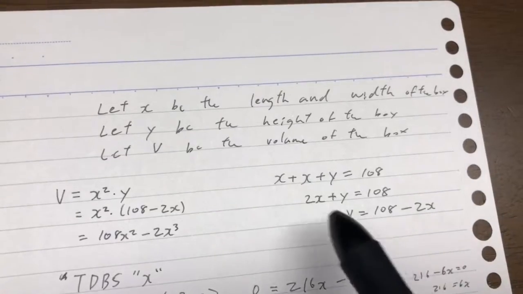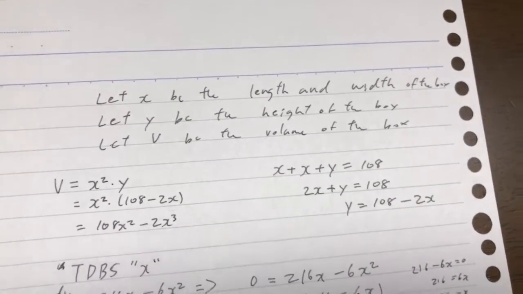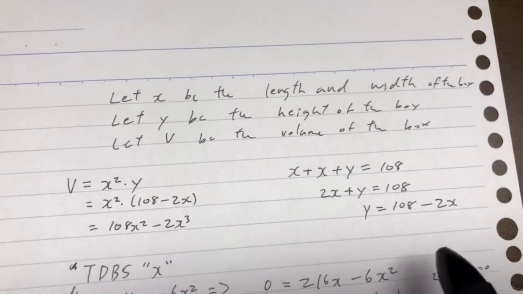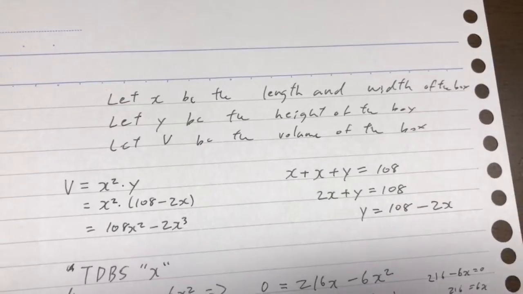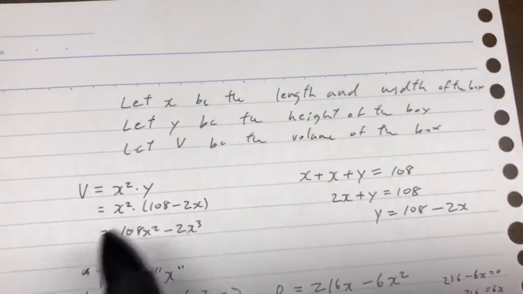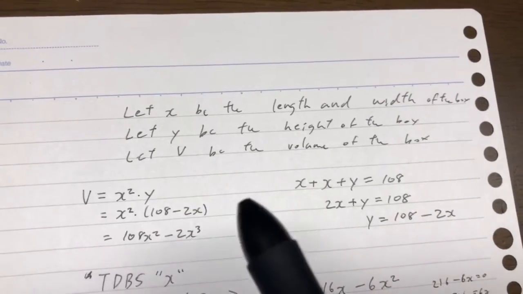And I went ahead and used the equal sign instead of the less than or equal sign, because it's fair to assume that if we want to maximize the volume, we want to use as much length, width, and height as possible.